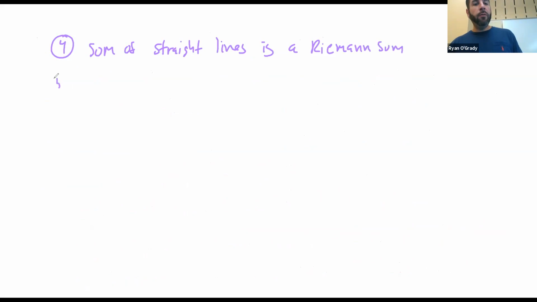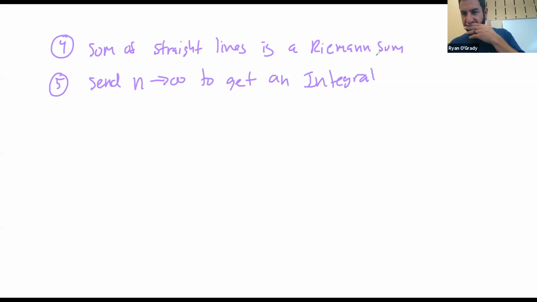And then once we have a Riemann sum, send n to infinity to get an integral. So that's sort of the theme that we've done numerous times in this class. And we'll do it again. And many of you will get to do it in other courses too, whether it's a physics class, maybe it's a chemistry course.